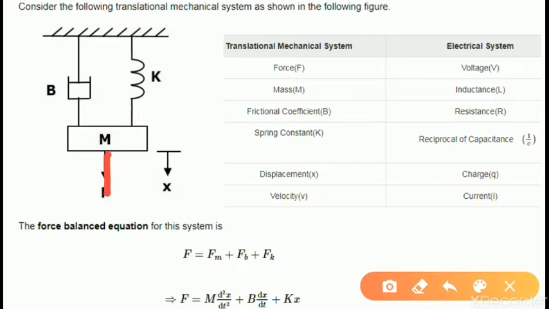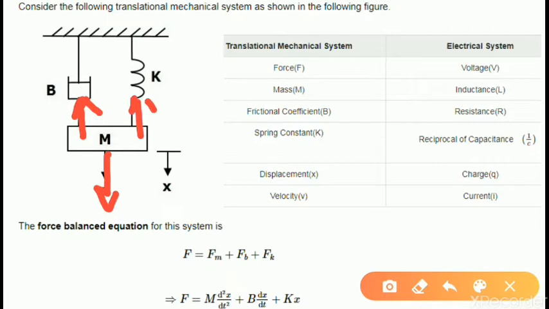It is very clear that the applying force is in this direction. When we apply a force F in the downward direction, then the damper also acts in the upward direction. The force due to the damper acts in the upward direction.